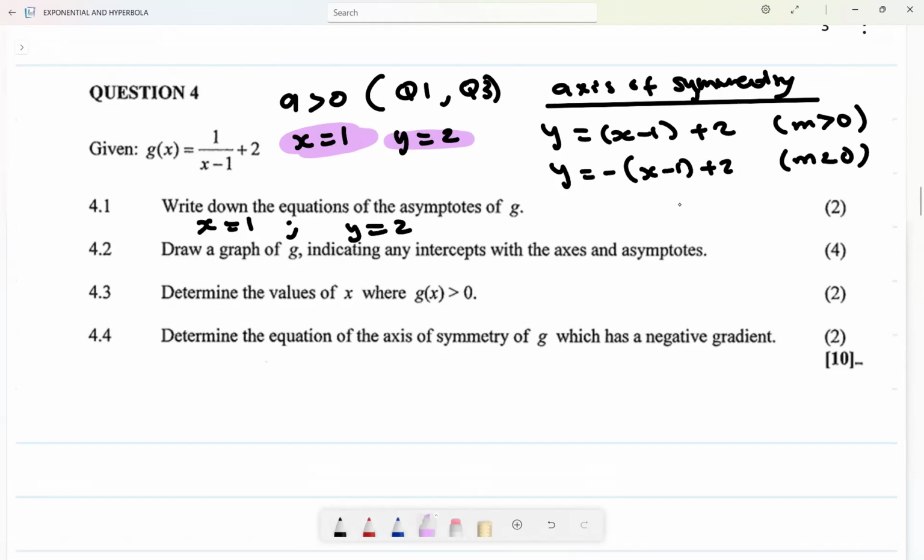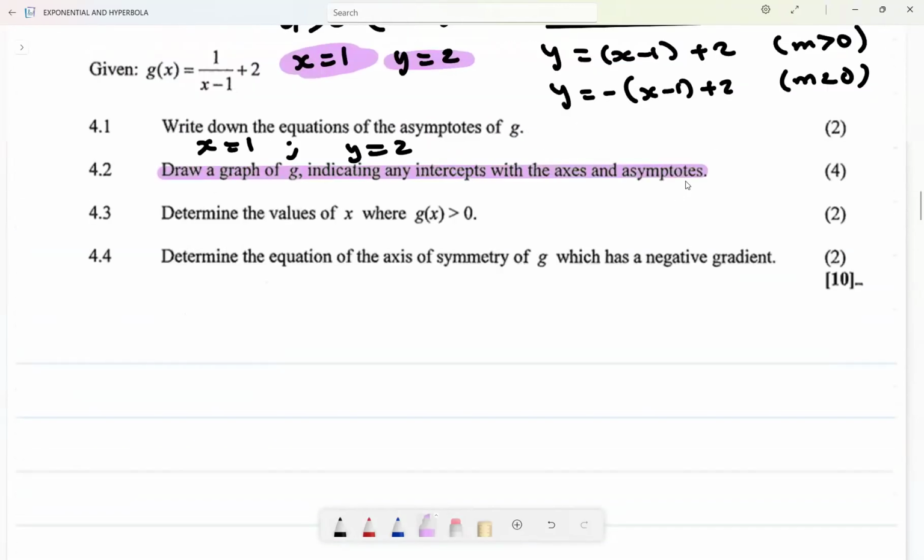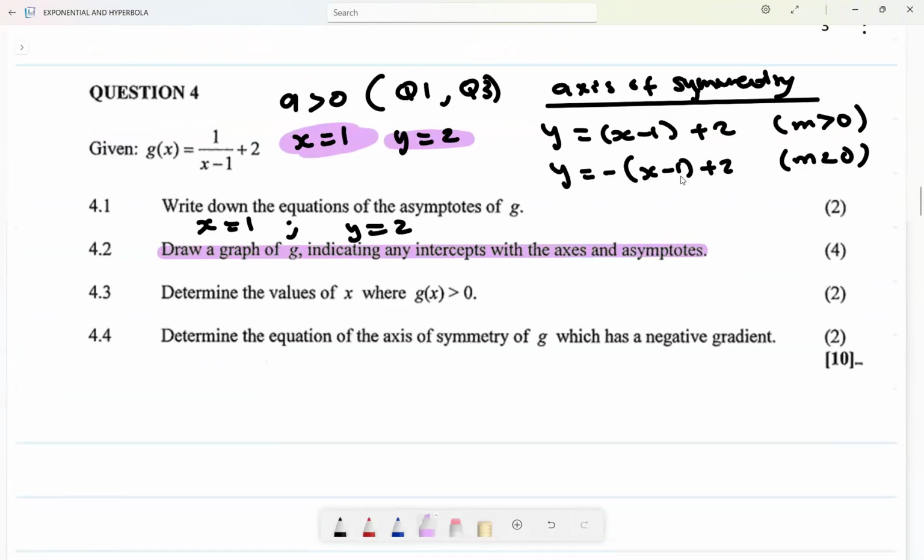Draw a graph of G indicating any intercept with the axis and the asymptotes and all of that. It's very easy to draw. Why? Because I know the quadrants. Before I draw, let me find the x-intercept. For x-intercept, I let y equal to 0, guys, you know.